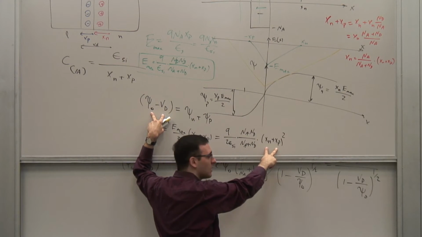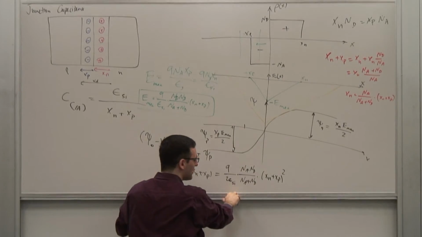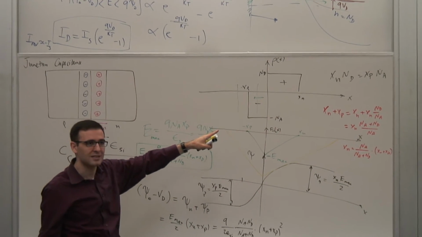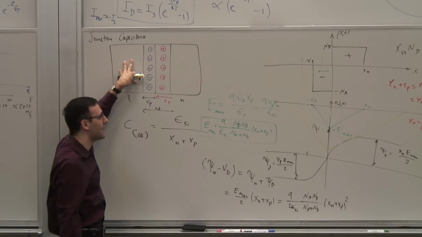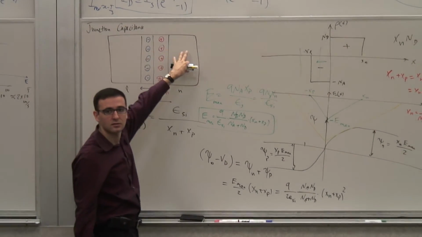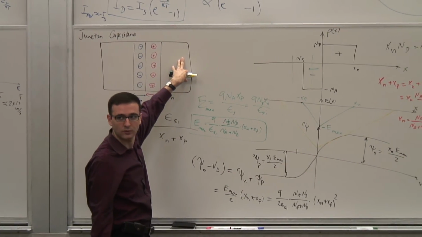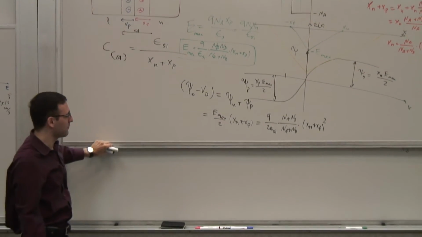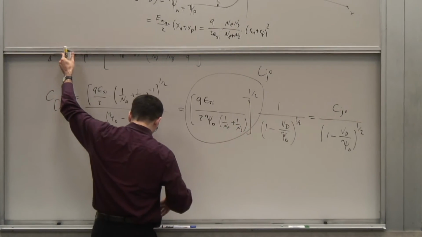But that happens to be a special case when your junction is an abrupt junction. You basically have uniform distribution of dopants on both sides, uniform NA and uniform ND. And this exponent is not generally 1/2.